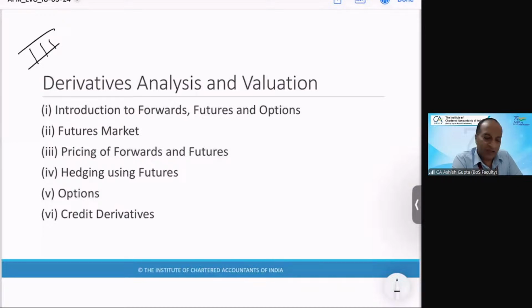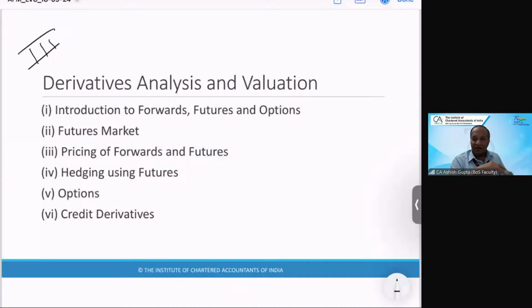Now, when we talk about derivatives, here I will make a disclaimer: all our classes, this derivative discussion covered in the ICAI syllabus, are mainly for academic purposes only. Students are advised not to indulge in derivative trading in the market, because it will ultimately lead to a loss.